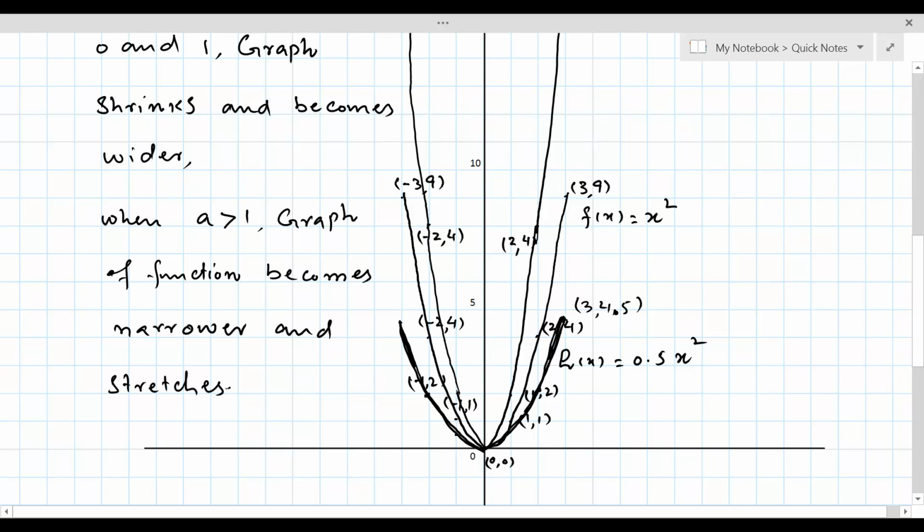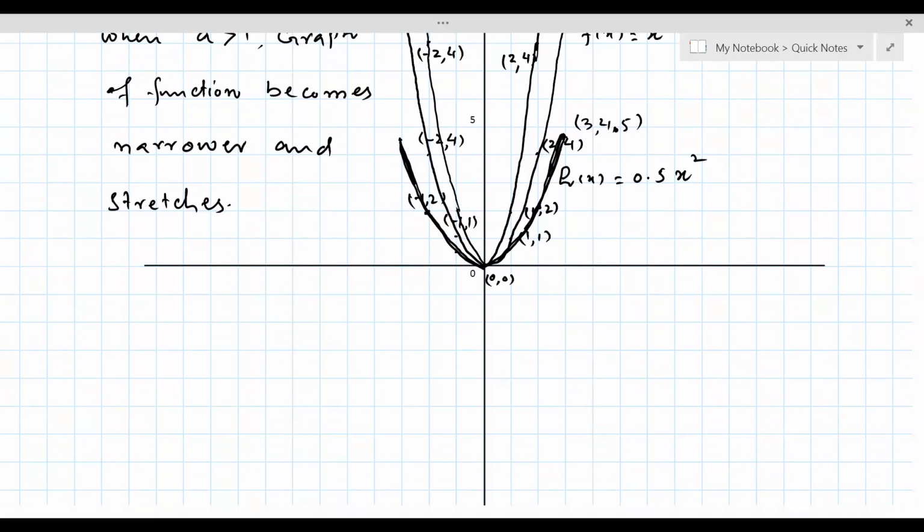So based on this, we can pretty much tell whenever the value of A increases, we can estimate how much narrower the graph will become. And when the value of A falls below 1, we can estimate how much it's going to shrink or become wider.